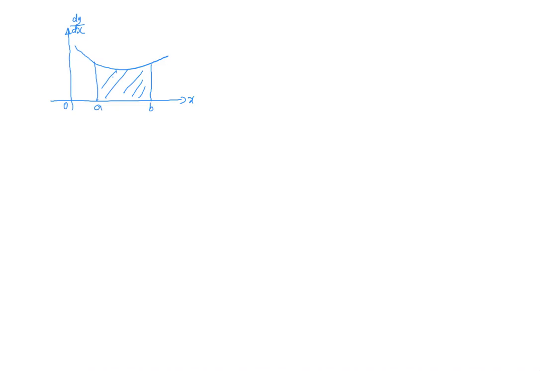The total amount of y from x equals a to x equals b is equal to the integral of the dy over dx graph from a to b.